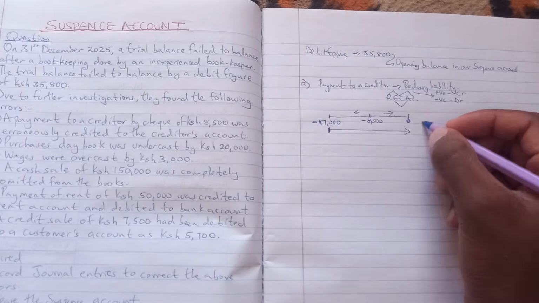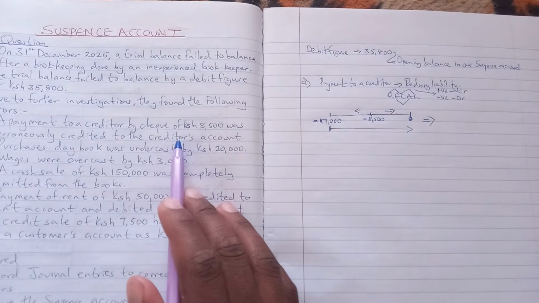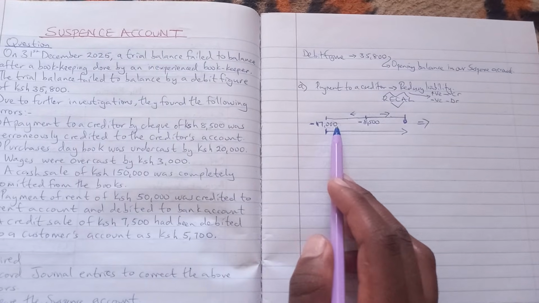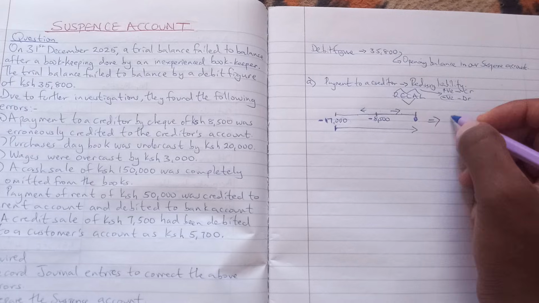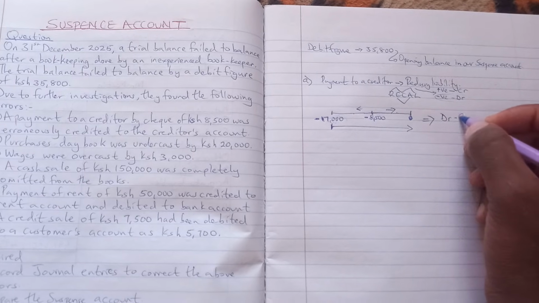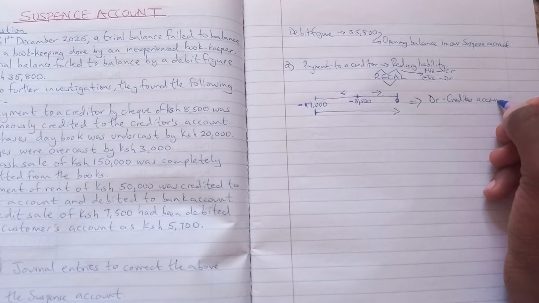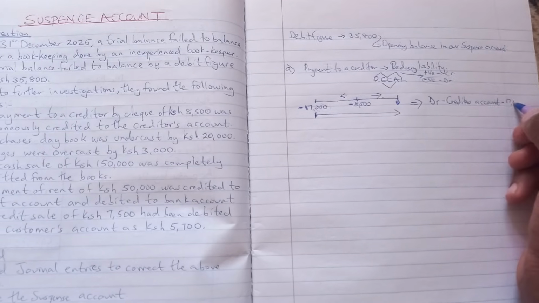Since we are reducing this creditor's account from negative 17,000 to zero, we will debit the creditor's account with 17,000.